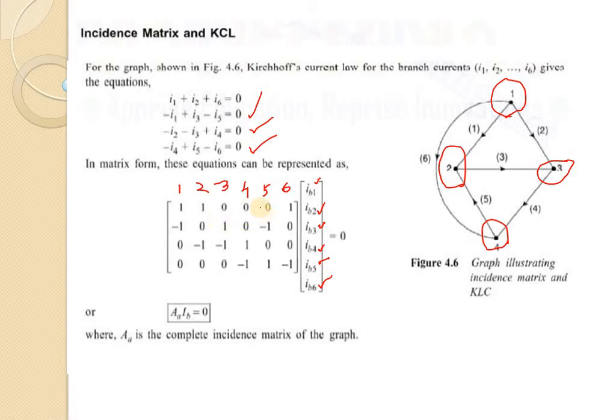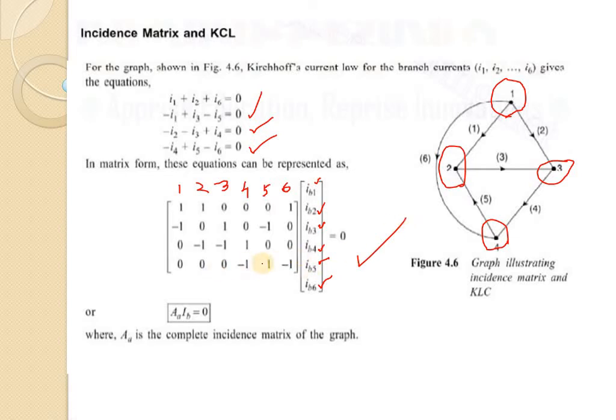Similarly, in place of I1 it is minus 1, in place of I3 it is plus 1, and in place of branch 5 it is minus 1. In that way, we can form the incidence matrix of KCL.